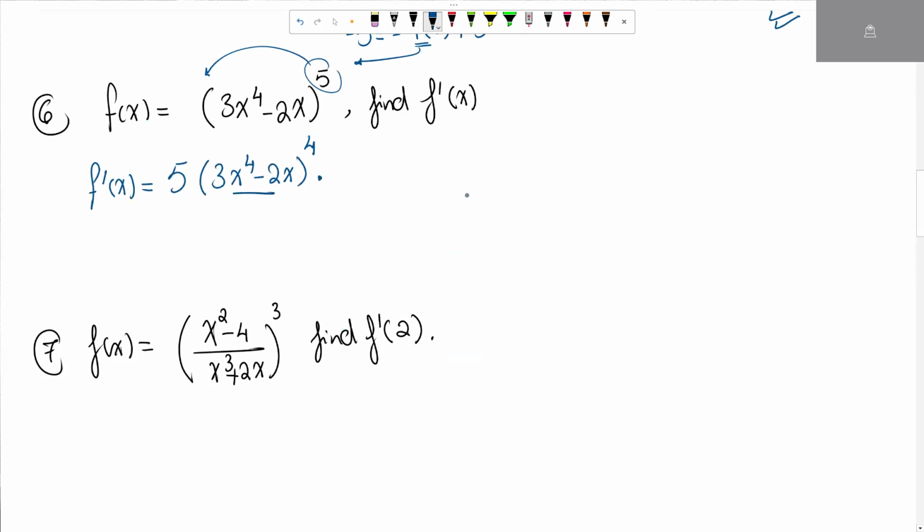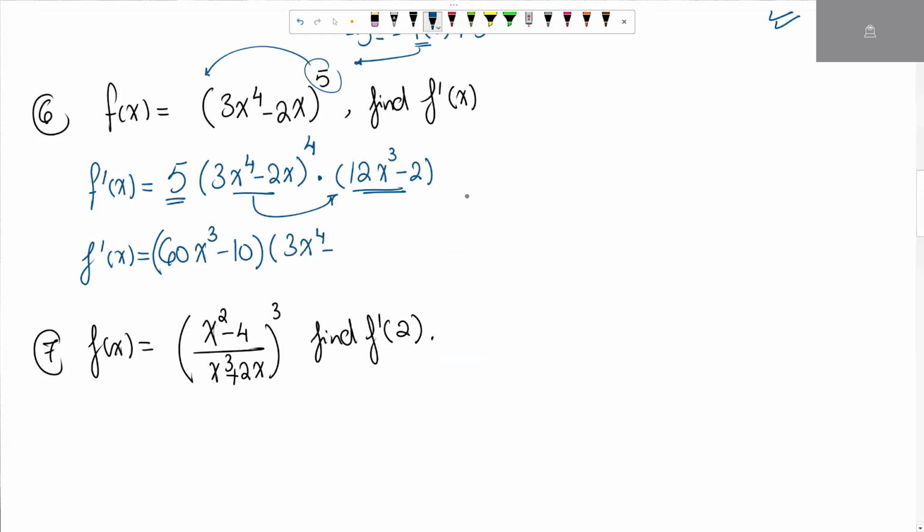Then I'll multiply by the derivative of what's inside, which will be 12x to the power of 3 minus 2. Finally, I'll just simplify this and multiply the 5 along with this bracket only. 5 multiplied by the 12, that's 60, x to the power of 3. 5 multiplied by the negative 2, that's negative 10. And this bracket will be put as it is next to it, with its power. This will be your final answer.